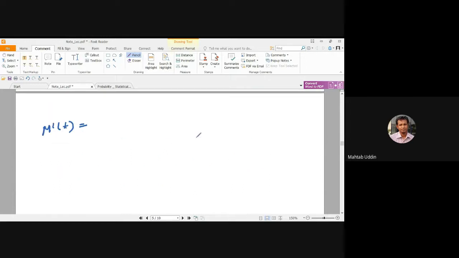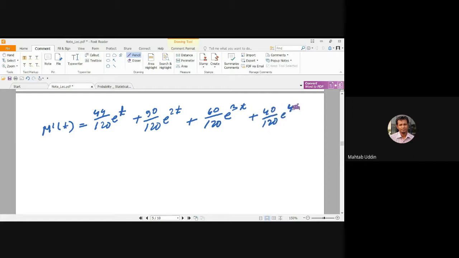So you'll get 44 by 120 e to the t plus 90 by 120 e to the 2t, 60 by 120 e to the 3t, 40 by 120 e to the 4t plus 5 by 120 e to the 5t.